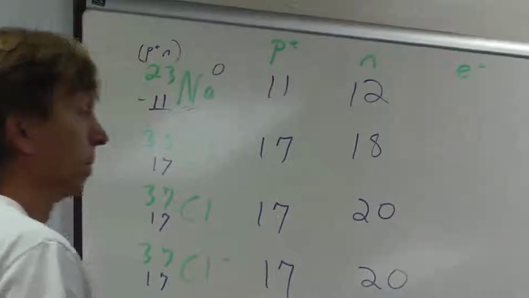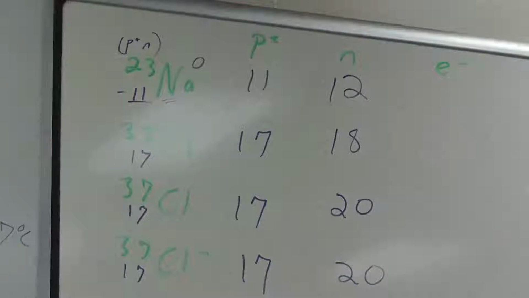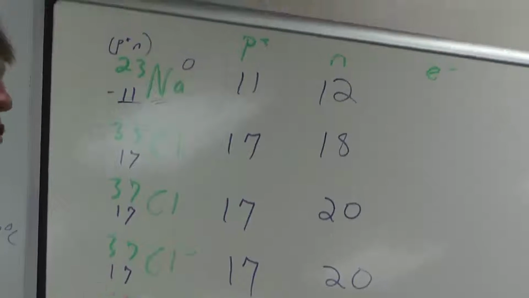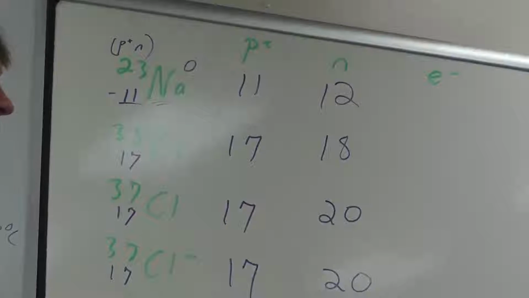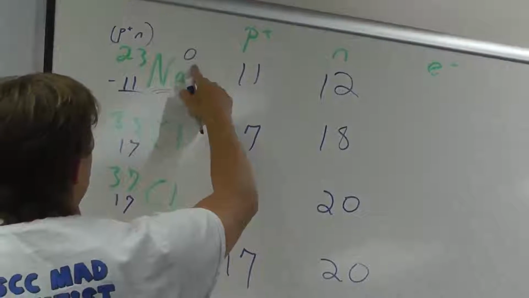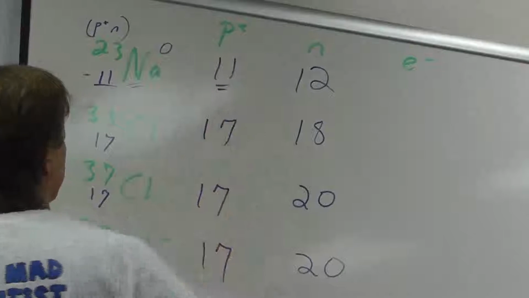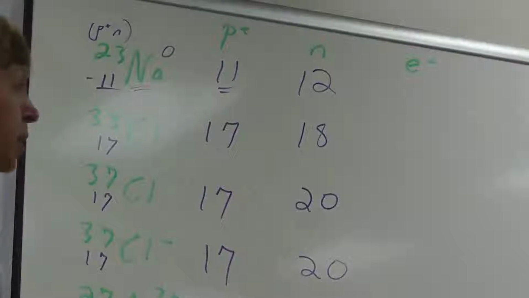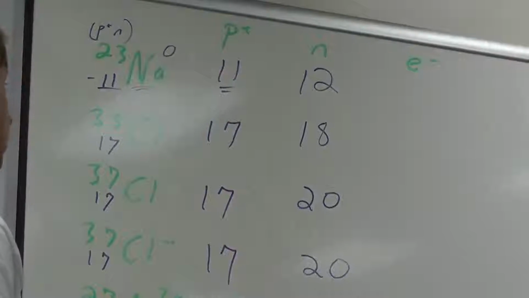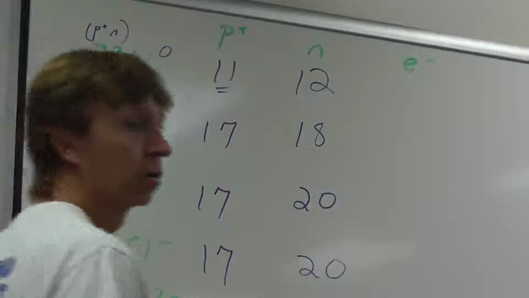Now, if there is no charge showing at the upper right, that means it's neutral. Overall, electrically neutral. And neutral means you got just as much negative as you got positive. So for this first one, where you've got sodium and no net charge, we know already that it's fundamentally got 11 protons in there, right? That's 11 positive charges. So what does that require in terms of electrons in order to cancel that out? 11.